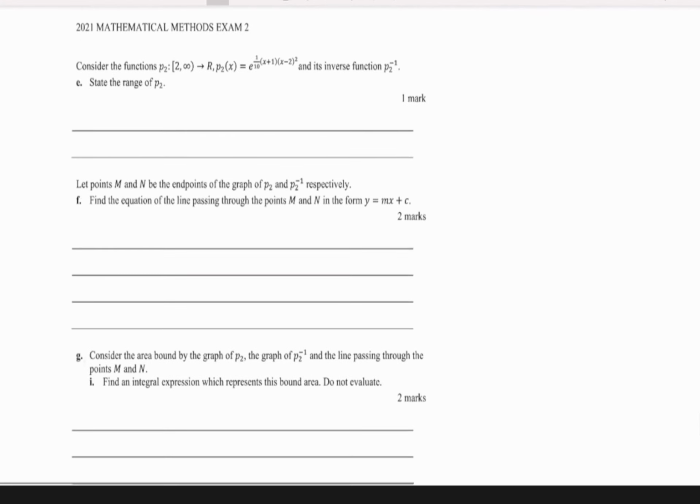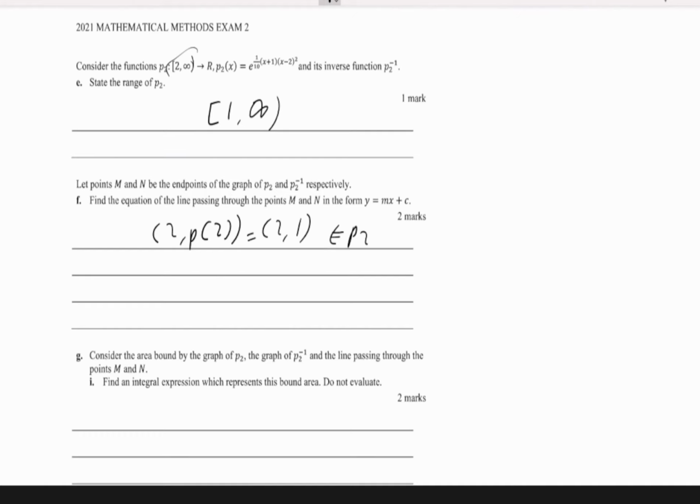Part E, range of P2, that's going to be 1, infinity. Part F, one endpoint of this is going to be 2, P2 of 2, which, because it tells us right here, is 2, 1. That's an endpoint for P2.